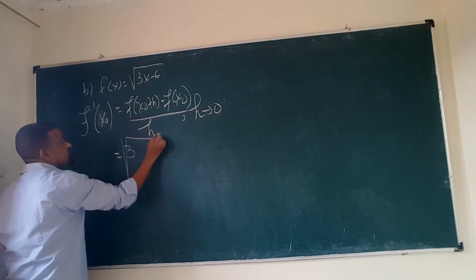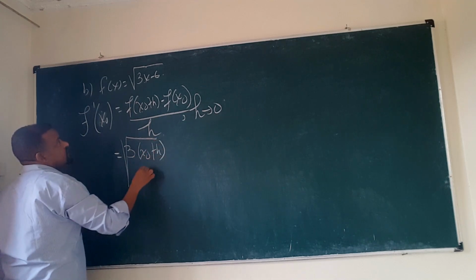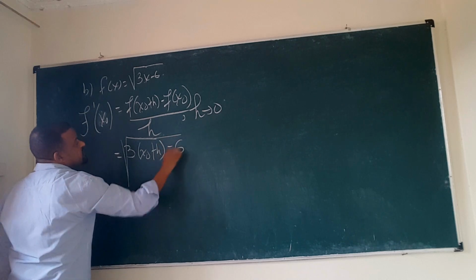So this will be x naught plus h substituted in: radical of 3 times x naught plus h, minus 6.